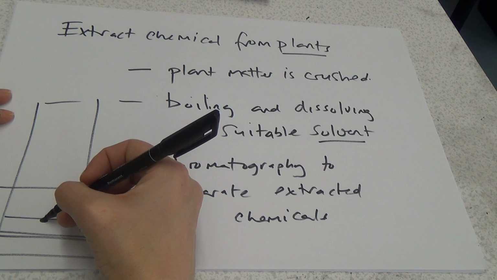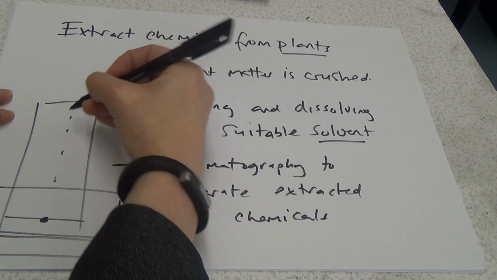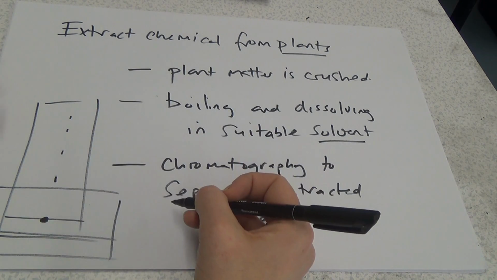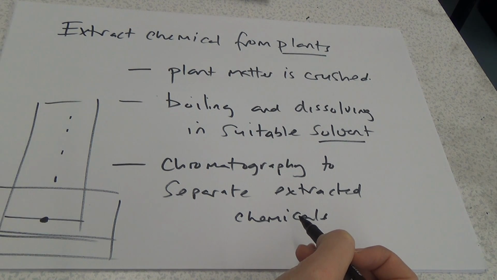As the chemical that you are investigating moves upwards, it separates into areas. That gives you the ability to extract and separate the different chemicals that have been extracted. Those different places on the chromatography paper indicate completely different chemicals within that particular sample.